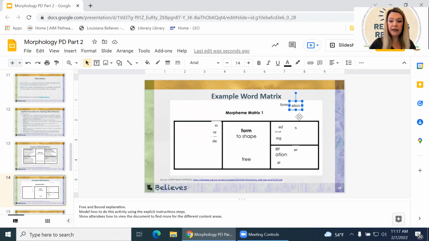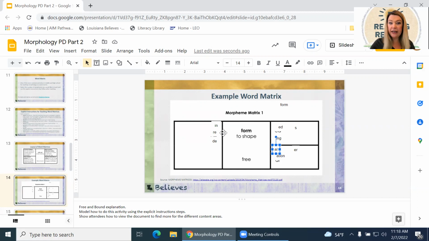I can add the suffix AL. And when I do that, AL means relating to. And so formal is our new word. It means relating to a certain shape or a certain way. If somebody's asked to wear formal dress, they're asked to dress or be shaped a certain way, look a certain way. So that's how I can take form and add different affixes, or suffixes, to it to create new words.